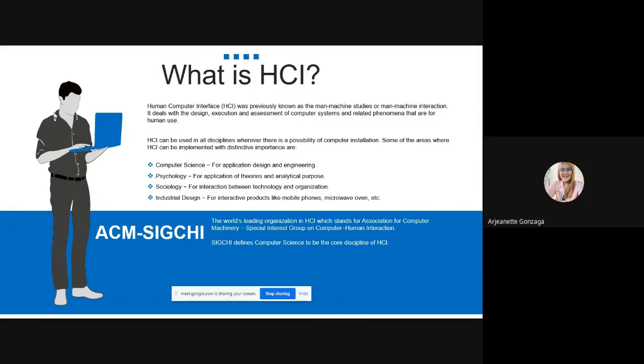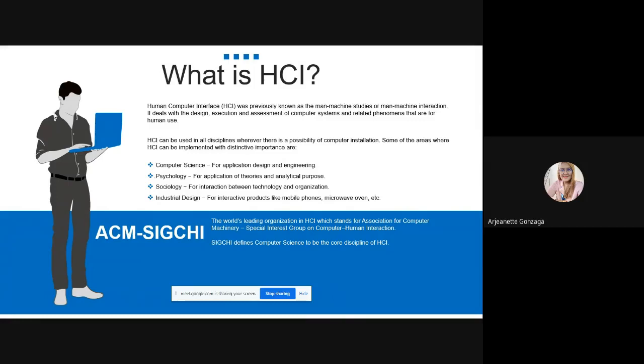So some of the areas where HCI can be implemented with distinct importance are, number 1, computer science. This is for the application design and engineering. So kung meron tayong Bachelor of Science in Information Technology, meron tayong Bachelor of Science in Computer Science. So yan is yung sa application ng design and engineering ng computers.